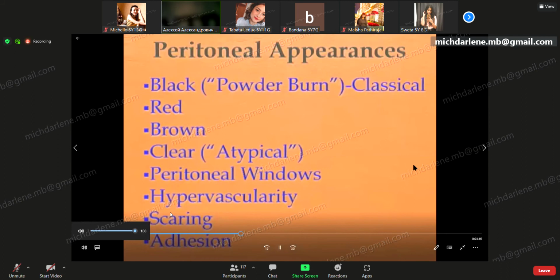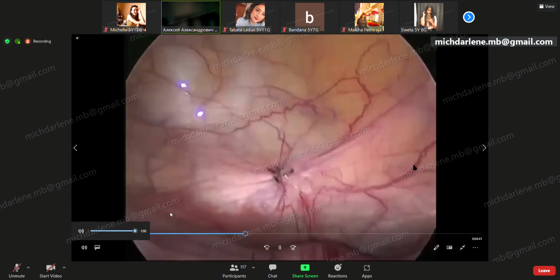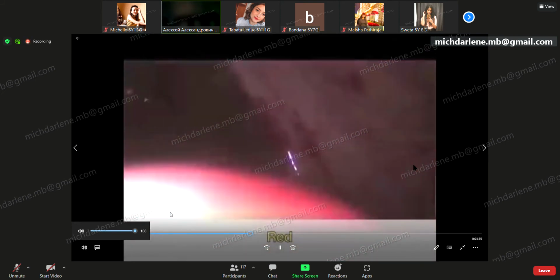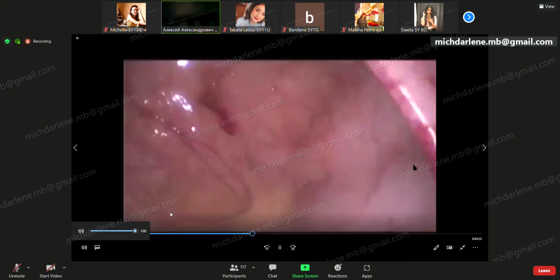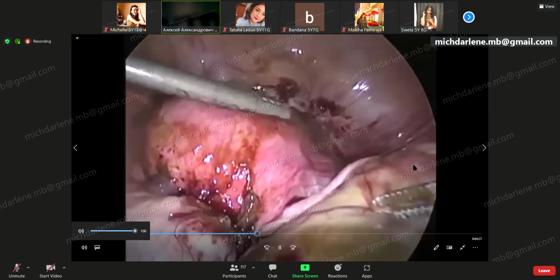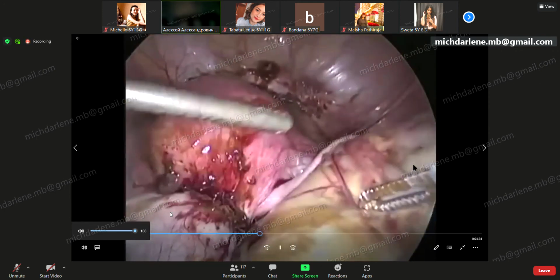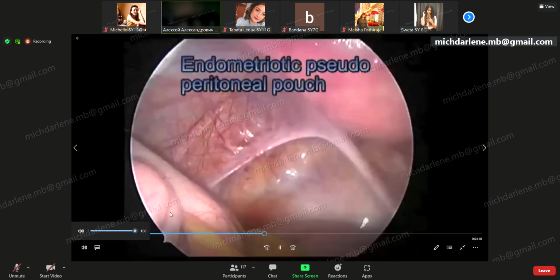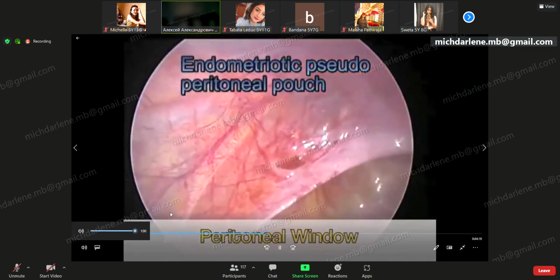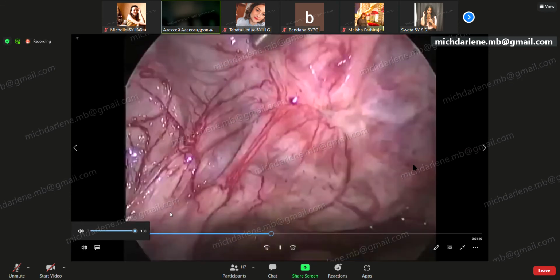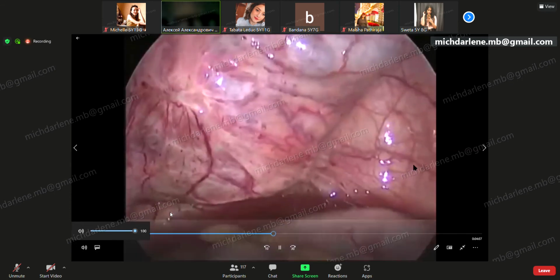Endometriosis of the peritoneum can have many different appearances. There's the classic black powder burn lesion of endometriosis, red lesions, brown lesions, clear or atypical endometriosis lesions, peritoneal windows, hypervascularity, scarring.